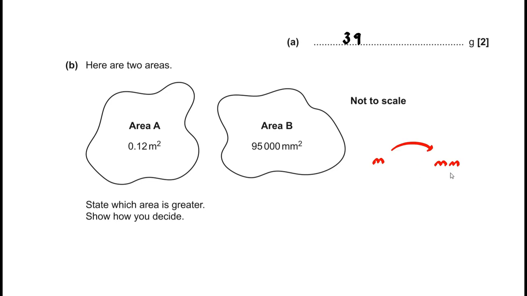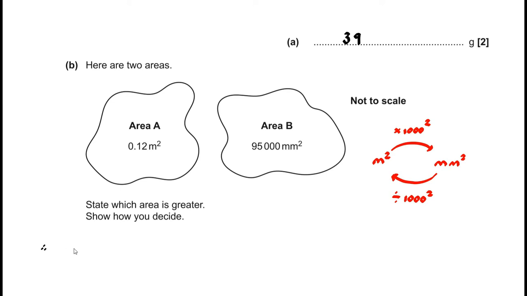From meters to millimeters, and then from millimeters to meters, we times by 1,000, and here we would divide by 1,000. So from meters squared to millimeters squared, we times by 1,000 squared, and from millimeters squared to meters squared, we divide by 1,000 squared.